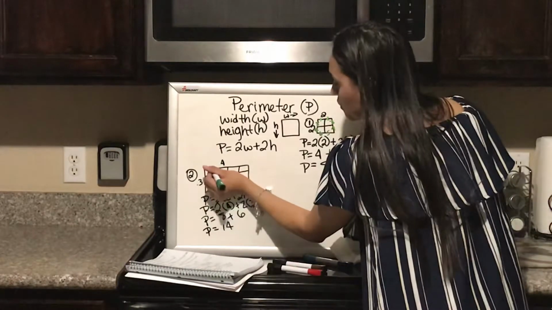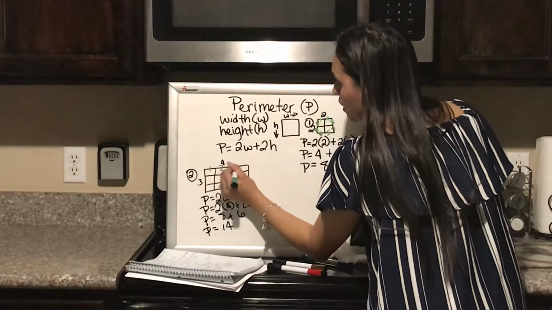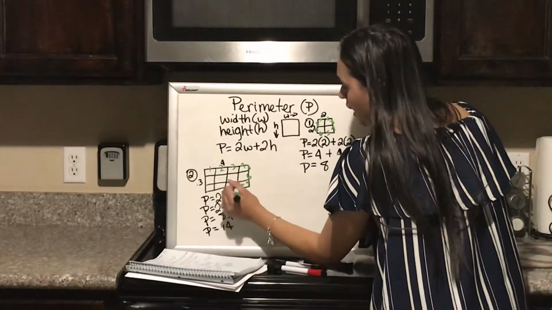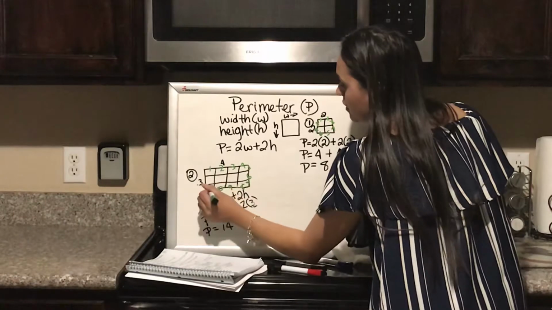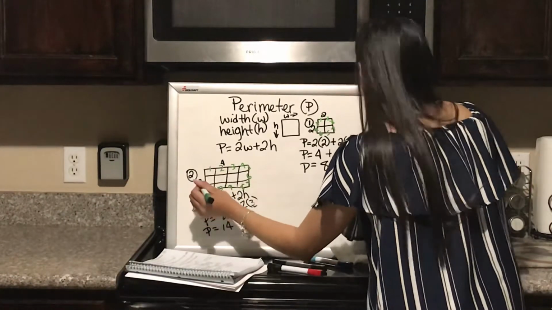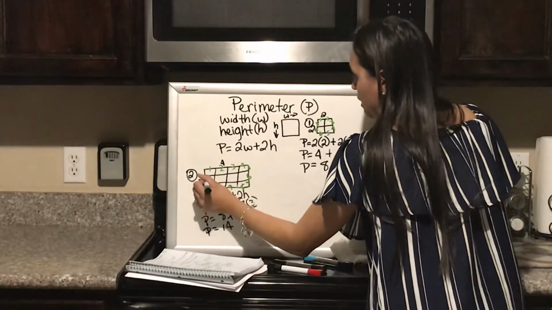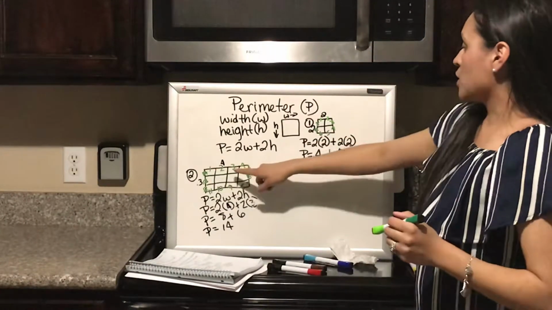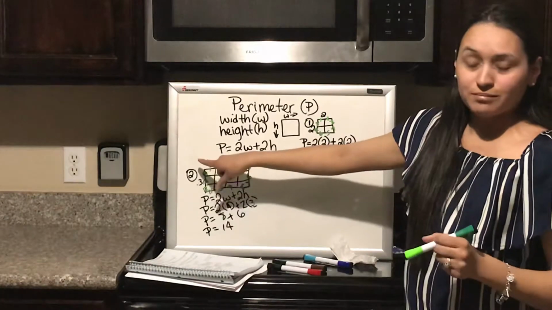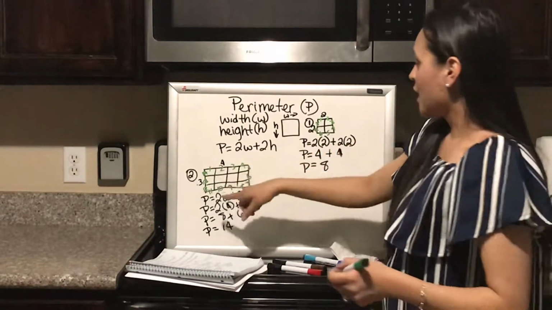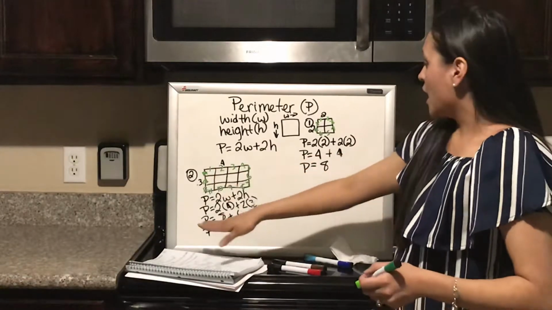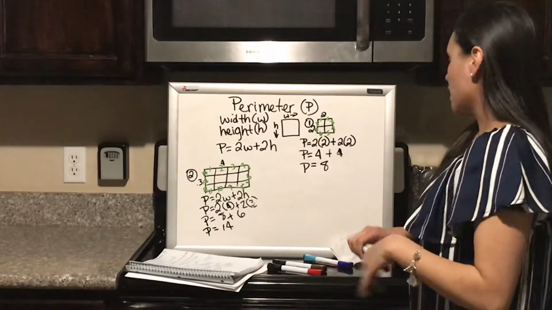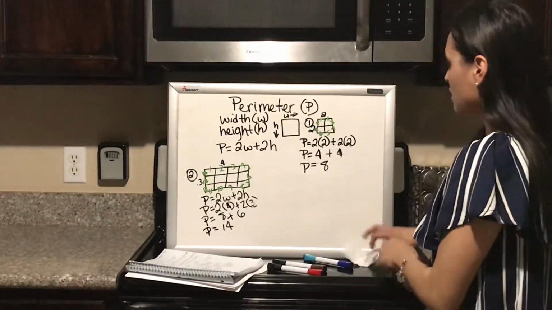So we'll count 1, 2, 3, 4, 5, 6, 7, 8, 9, 10, 11, 12, 13, 14. Now by counting our sides around our rectangle, we count 14. And according to our math, P equals 14. We are correct.